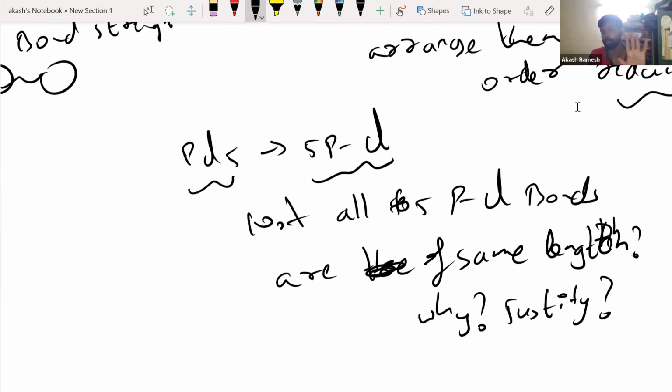We have 5 P-Cl bonds, right? We expect them to have the same bond length because it's the same molecule. But I see that there is a mismatch. It's not the same. There is some difference there. Why and how? Justify this.